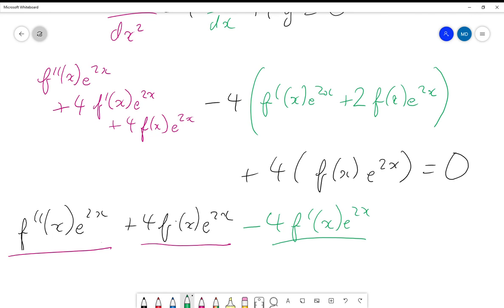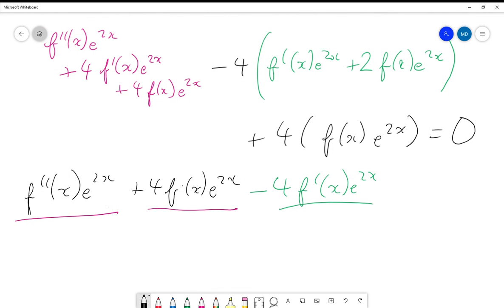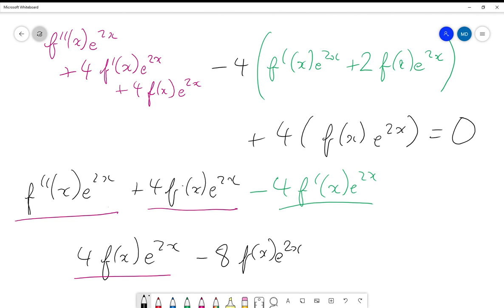And now that is all of those. And now we also have 4 f of x e to the 2x from our first term. We have a minus 8 f of x e to the 2x from our second term. And we have a plus 4 f of x e to the 2x from the last term. And that all must equal 0.